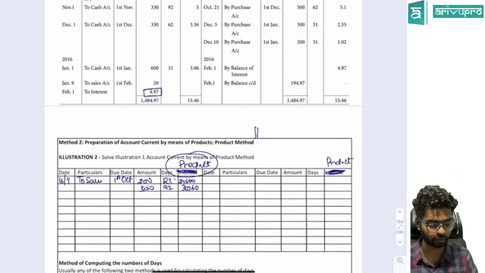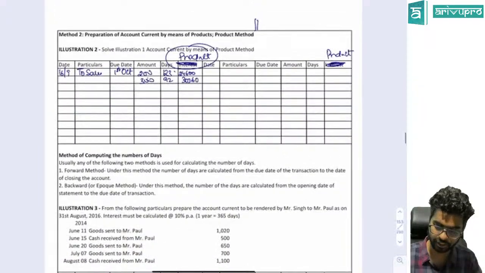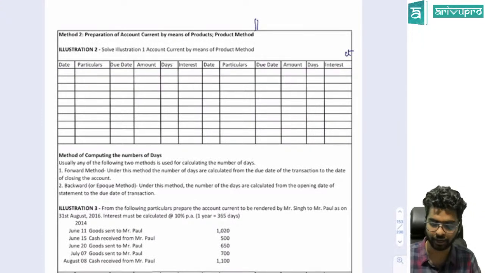Now in this, what we are going to be doing is, instead of trying to find interest individually, we'll be trying to find the product altogether.